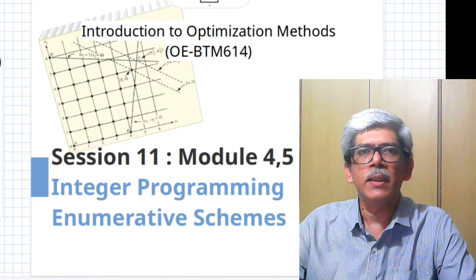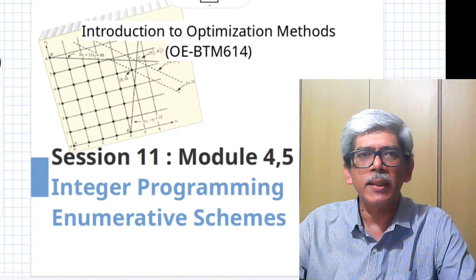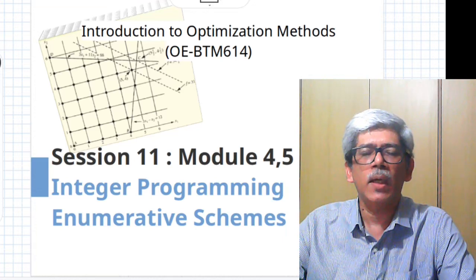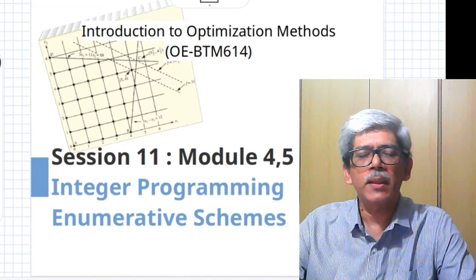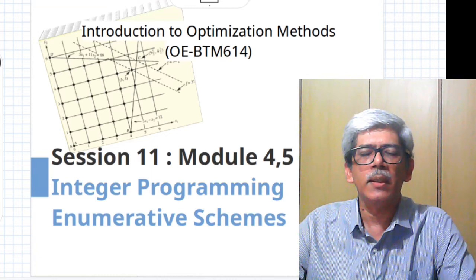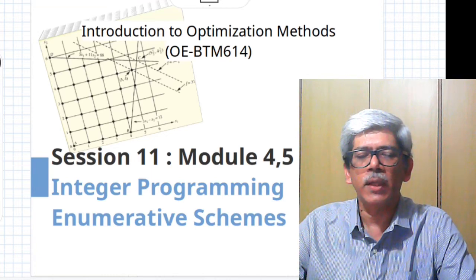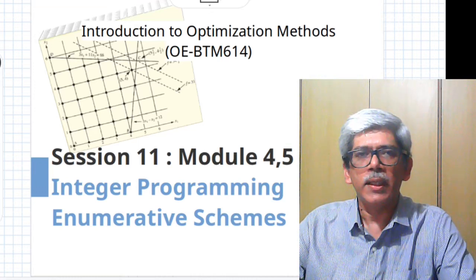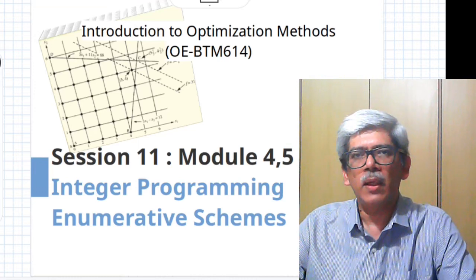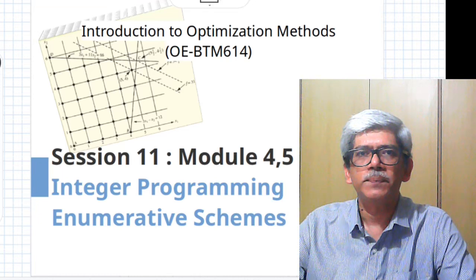And the second method is known as simulated annealing. This method can also be used for both linear and non-linear problems. Both these methods are not restricted to integer programming, but they can be used for real variable problems as well. So you can use them for integer variables or real or mixed type of variables.